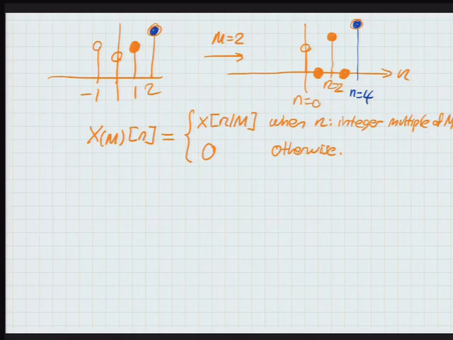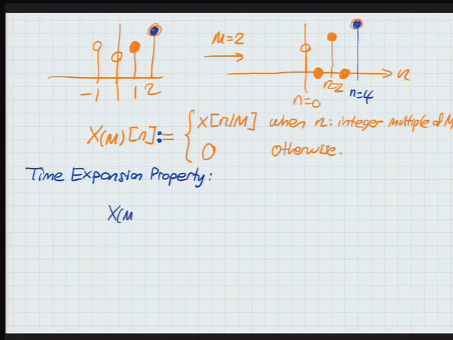Okay. So then the question is, what is the Fourier transform of this? After this stretching, what happens to the DTFT? The answer is the so-called time expansion property. So this is the definition, of course. The time expansion property says that the Fourier transform of this guy, the stretched version, x_M of n, is going to be very simple actually.